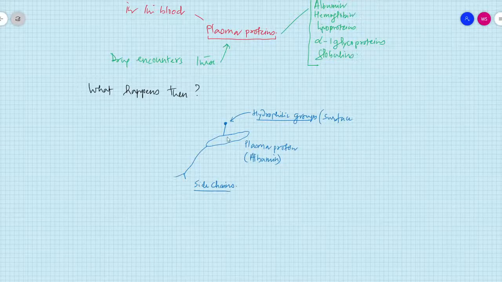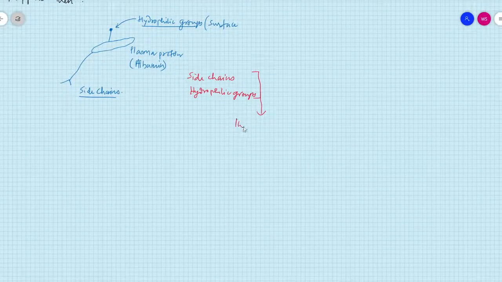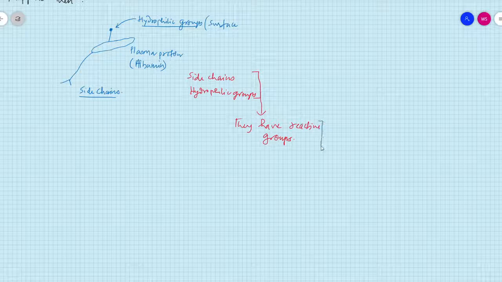These side chains and the hydrophilic groups have reactive groups. And what is the consequence of having these reactive groups?